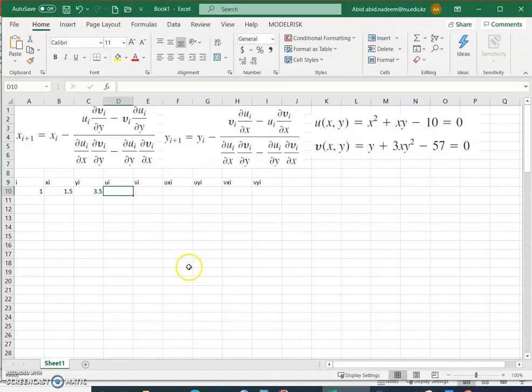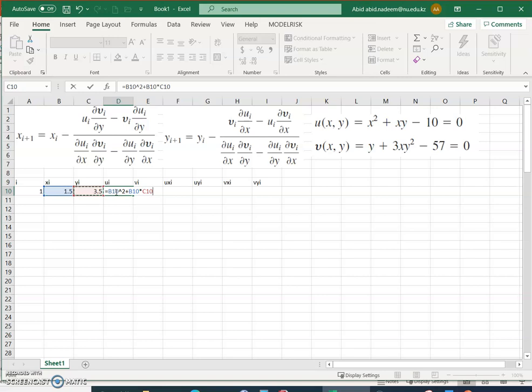Now I calculate ui. ui was x squared plus xy minus 10, so 1.5 squared plus 1.5 times y, minus 10. So it is minus 2.5.